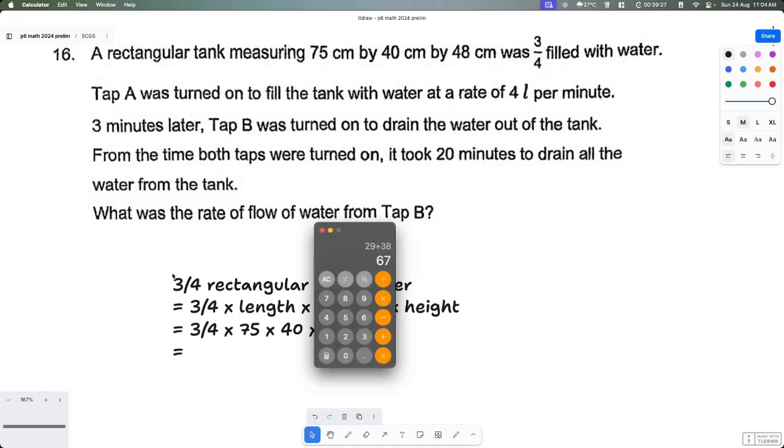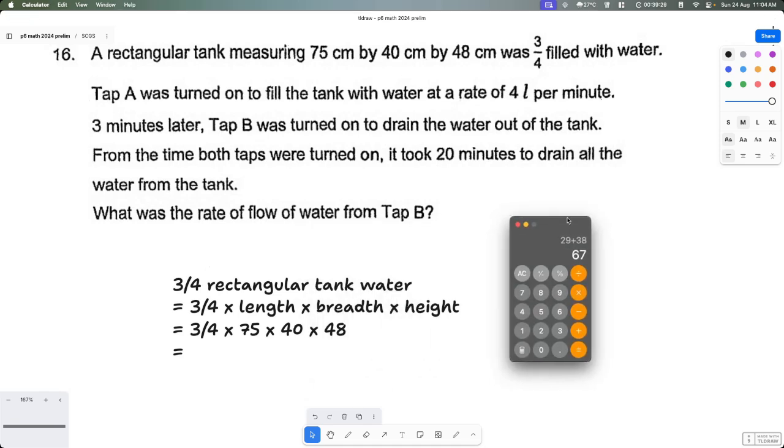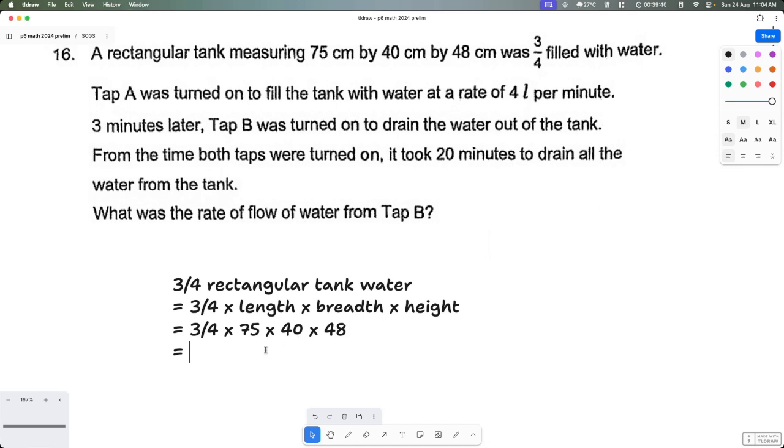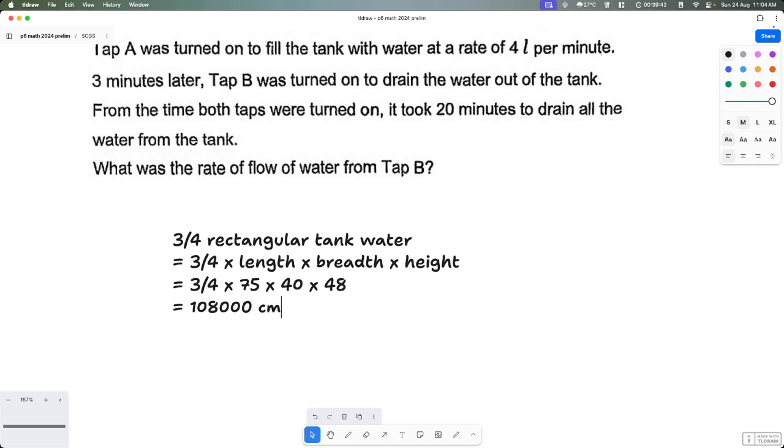Let's use the calculator. 3 out of 4 times 75 times 40 times 48 gives us 108,000 centimeter cube, and this will become 108 liters.